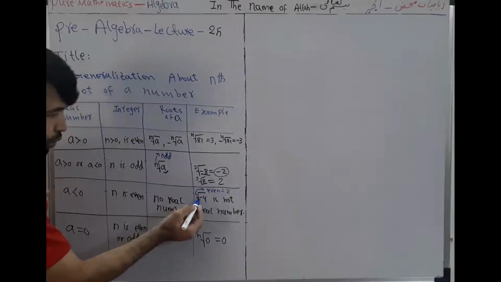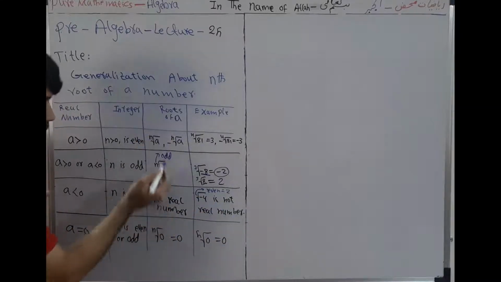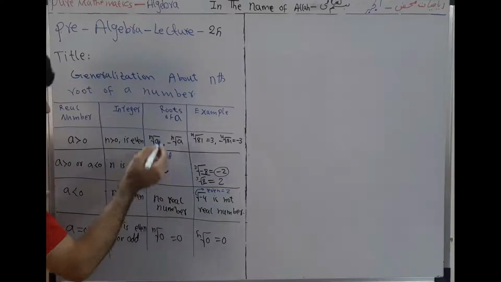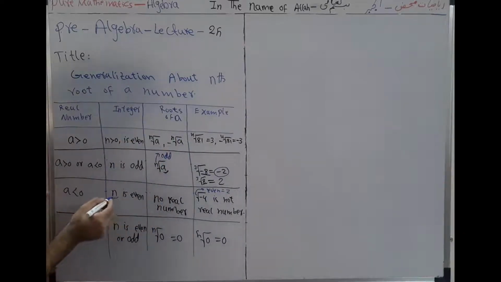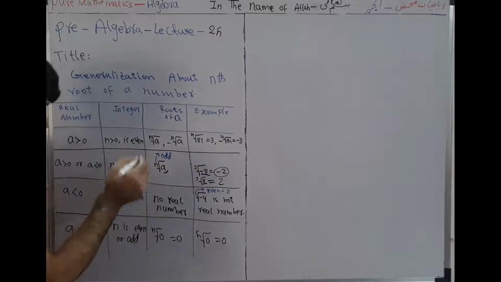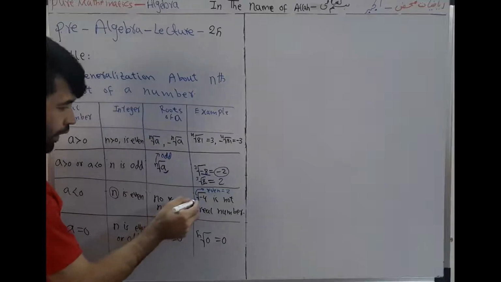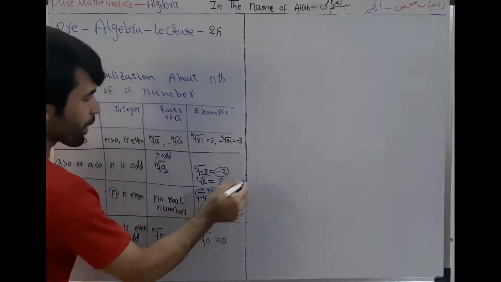Therefore, the square root of minus 4 is not a real number. There does not exist any real number which is the n-th root of a. If n is an even integer and a is negative, there is no real number as the root. Example: the square root of minus 4 is not a real number.